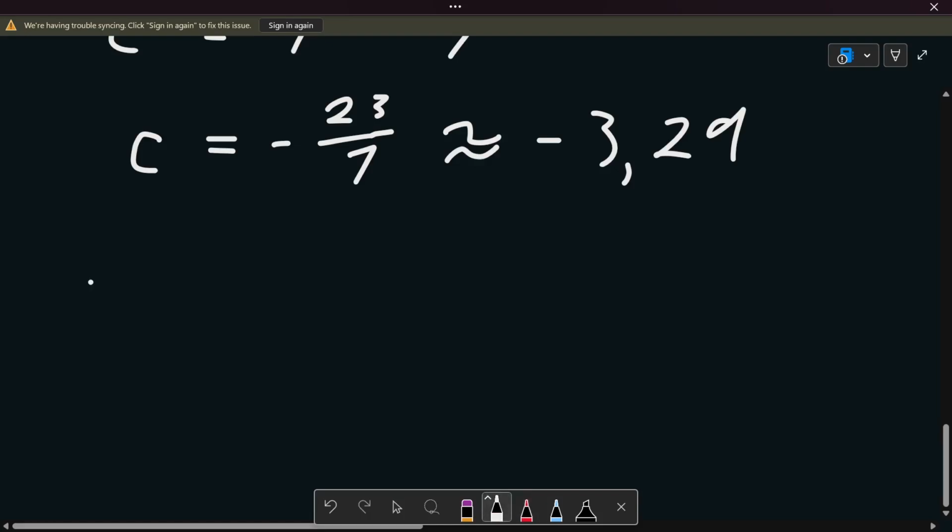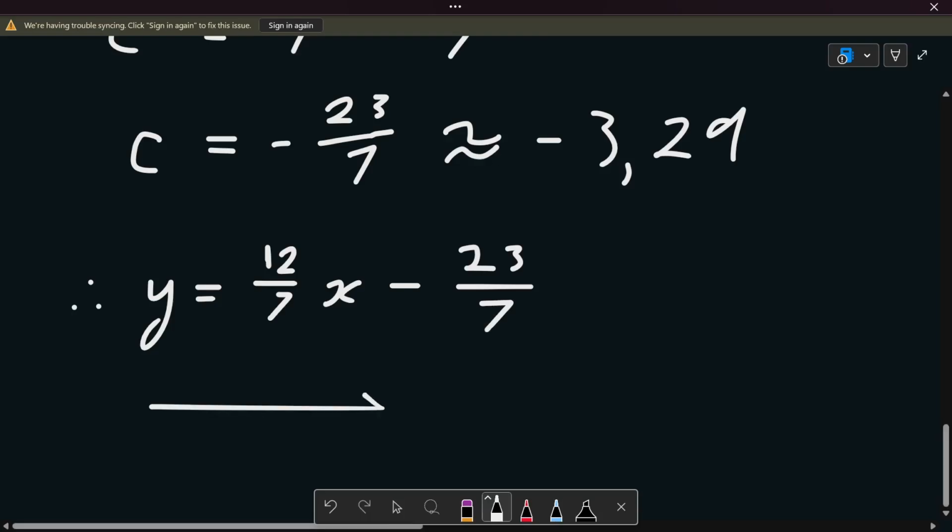So you have to say, therefore, y is just going to be equal to 12 over 7, which was our gradient, x minus, remember this one is a negative 23 over 7, it's going to be minus 23 over 7. And therefore that is our final equation for our function.